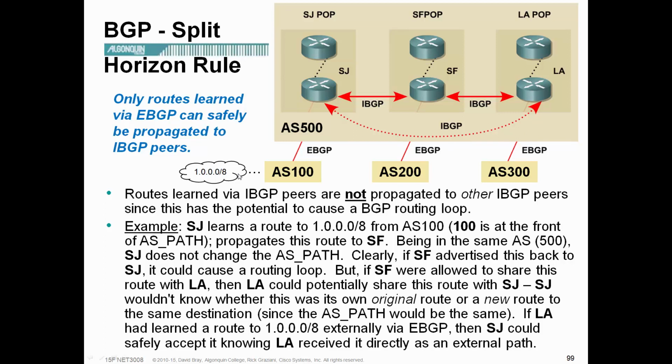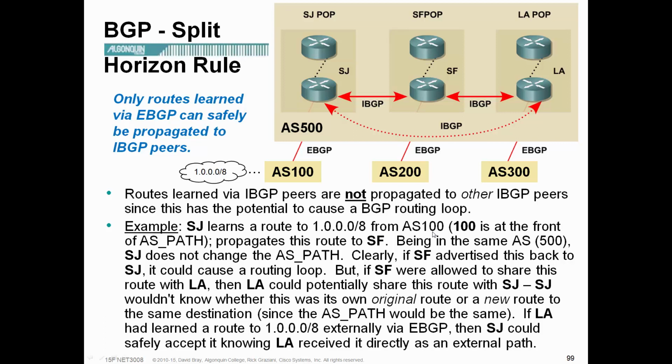Off to the left here, we're showing that there's a network 1/8 that's known to AS100. It's somewhere down the line. We don't say how far down the line. Maybe more AS hops here, but AS100 has a path to 1/8 that it will advertise through this eBGP connection to SJ. So SJ will learn the route to network 1/8 from AS100.